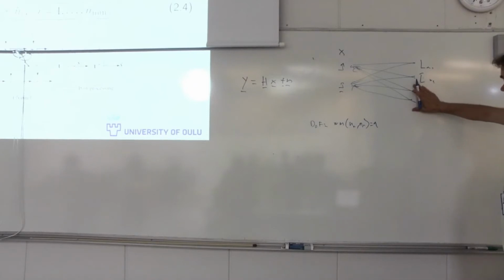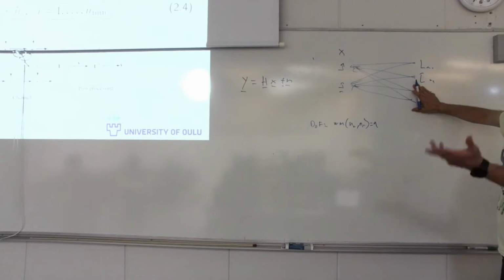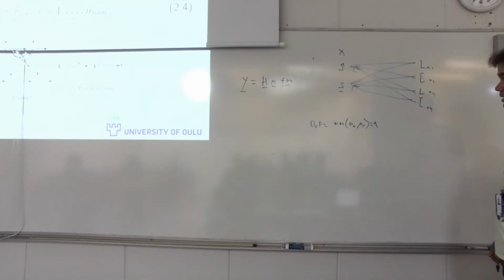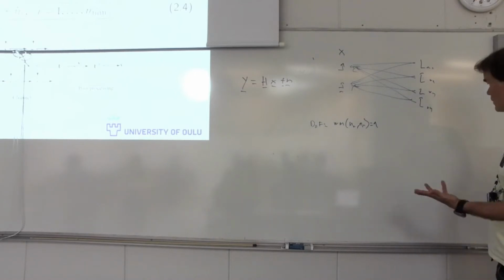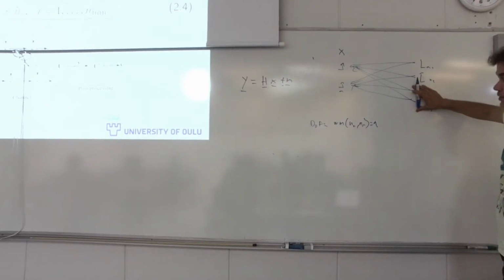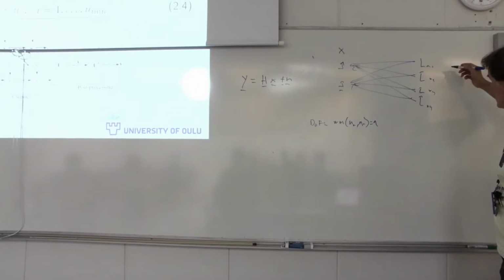So one strategy would be to simply pick 2 antennas out of 4 and assign independent streams, and we could still resolve it using the zero forcing receiver, the inverse. But then we would not be utilizing these 2 antennas. So there's something more clever to do.